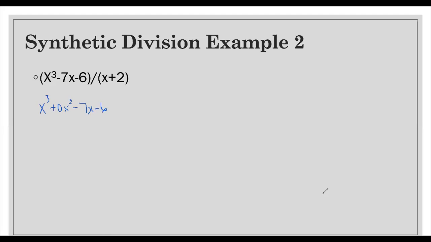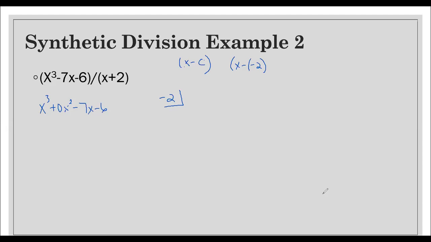Okay? When we do this, the divisor is x plus 2, and we're looking for x minus c, so this is like x minus negative 2. So we're going to put a negative 2 here. We're always going to change the sign of whatever that x plus or x minus is.